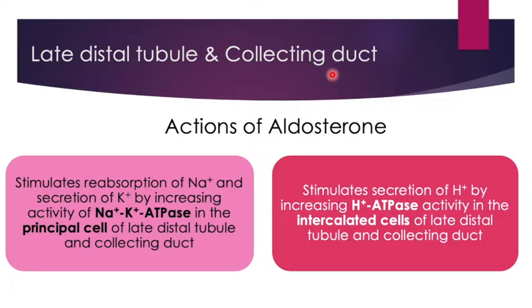There are two important functions of aldosterone. In the principal cell, it increases the activity of the sodium-potassium ATPase pump, which will cause sodium to be reabsorbed and potassium to be secreted. In the intercalated cells, aldosterone increases hydrogen ATPase activity, which will cause hydrogen secretion into the tubular lumen.